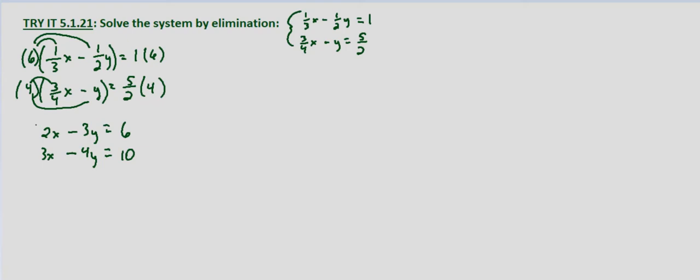And now we're back to the same type of problem that we've looked at in the past. We're going to need to eliminate one of the variables. So we want to look at what we can multiply each one of these equations by in order to eliminate one of the variables. I'm going to look at x. You could choose to eliminate y if you wanted to, but I'm going to eliminate x.